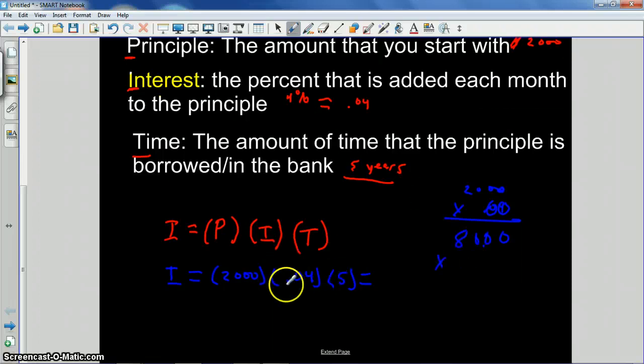So we're going to multiply. We did these two. Now we're going to multiply by 5. $80 times 5. 5 times 8 is 40. And bring our decimal over 2 spaces. So $400. So the total interest is $400. Let's look at what the problem says again.